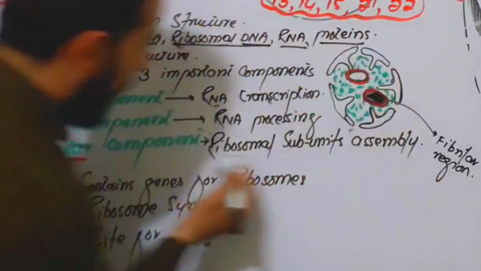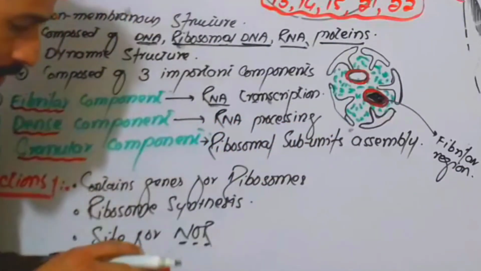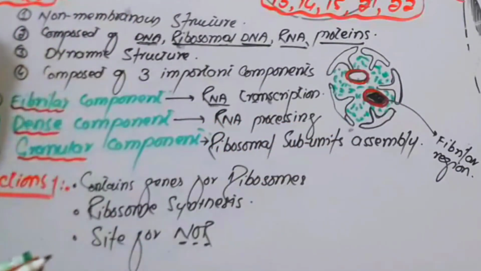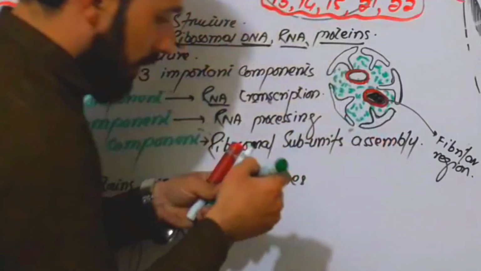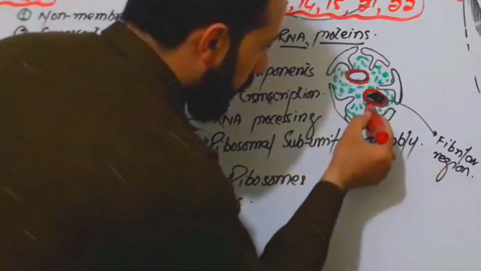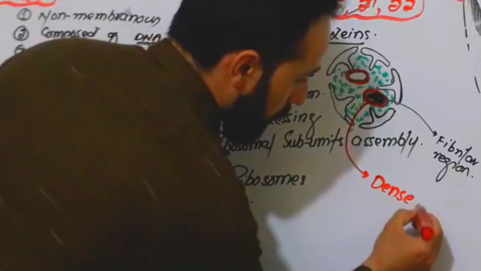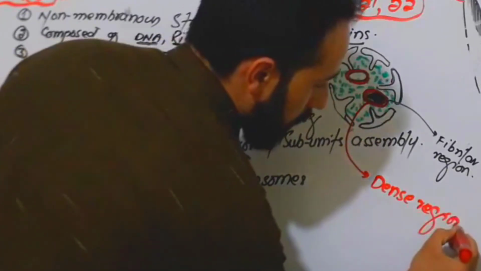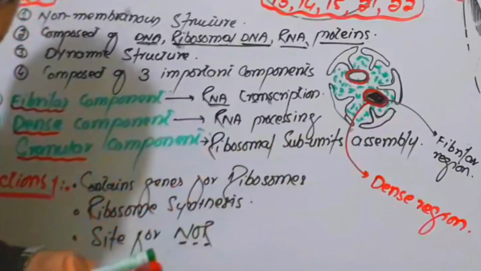So you know that this fibrillar region is mostly responsible for RNA transcription, right? Then there is the second region, and that is called the dense region. So the dense region is surrounding mostly this fibrillar region. So this red color shows the dense region, right? So this is the dense region, and it is mostly responsible for RNA processing.